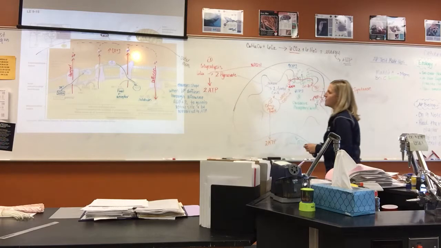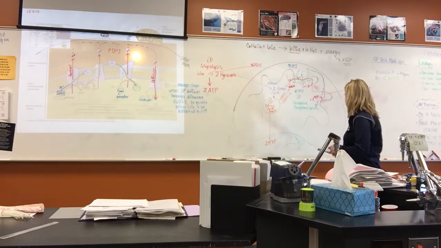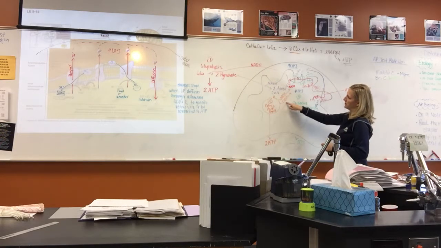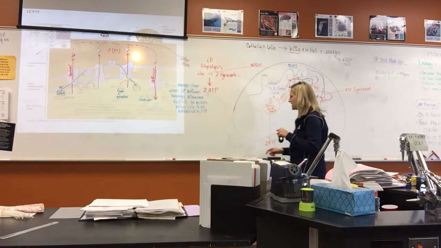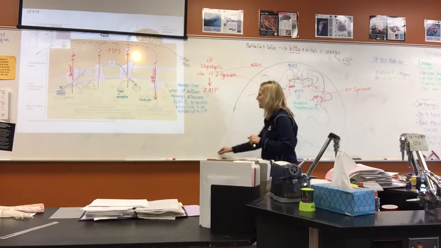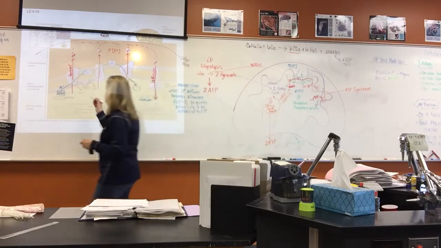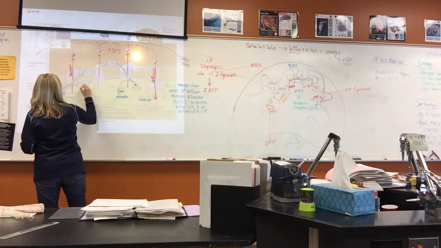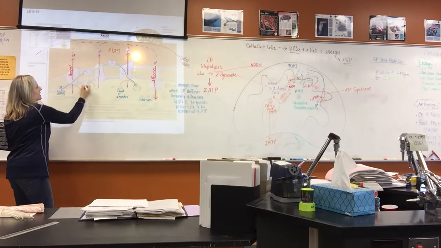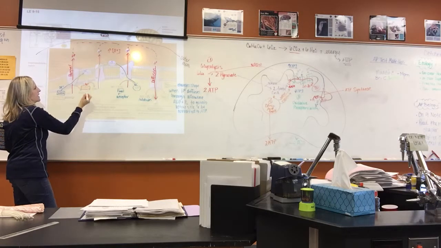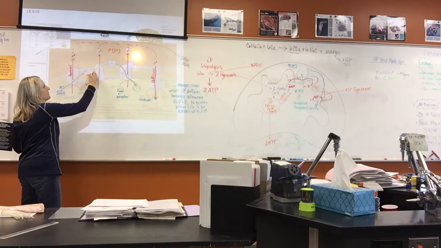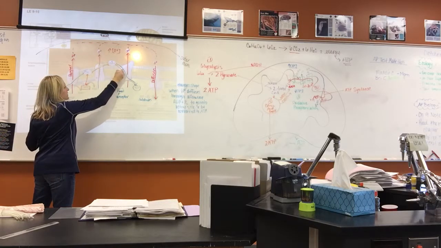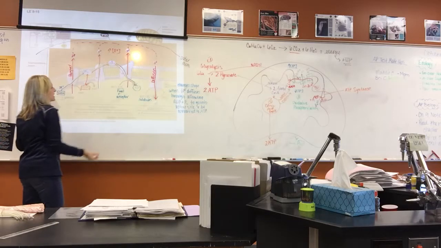Now I want to point out that there's another electron carrier, FADH2. FADH2 drops its electrons off here. It also carries 2 electrons, and they follow the same path as the electrons that were once part of NADH.